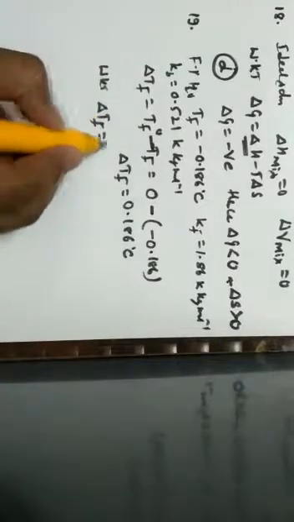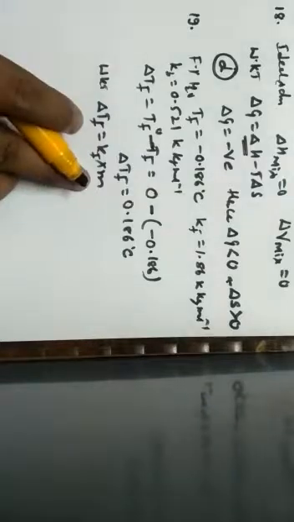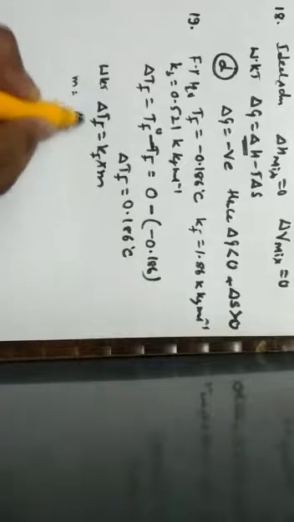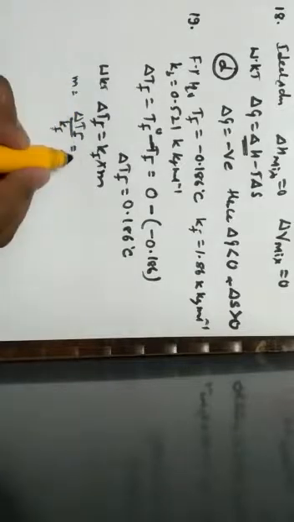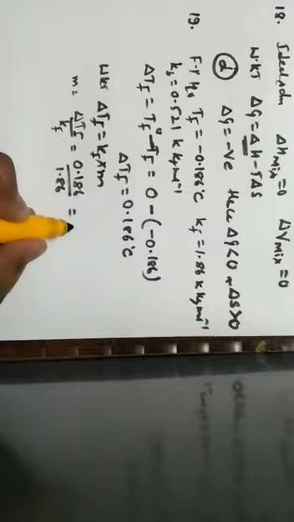We know that delta TF is equal to KF into m. We know the value of KF and delta TF, so we can calculate molality. Therefore, m is equal to delta TF divided by KF, that is 0.186 divided by 1.86. Molality is 0.1 molal.